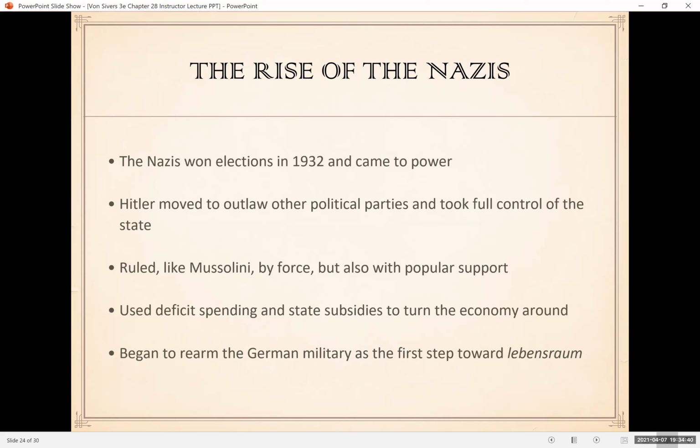In German, the initials are NSDAP, but everyone called them Nazis. They will start running in political elections. The party itself had started out as something of a workers' party.